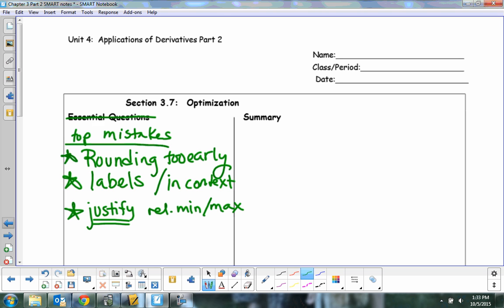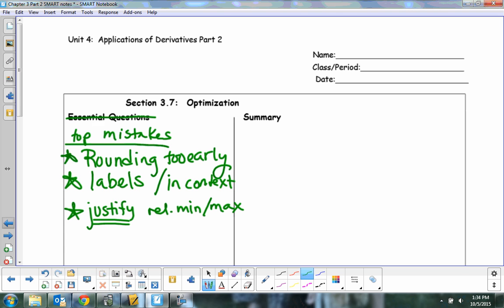Can you think of any more? Do the process. Tell me what you mean by that. Any more you can think of?